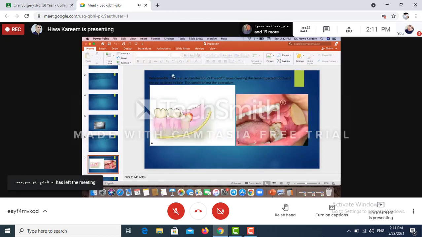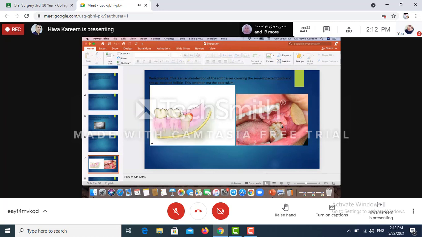The second indication for removal of the third molar is pericoronitis. Pericoronitis is an acute infection of the soft tissue covering a semi-impacted tooth, not a fully impacted one, and is associated with the follicle. This soft tissue covering the semi-impacted tooth is called the operculum.